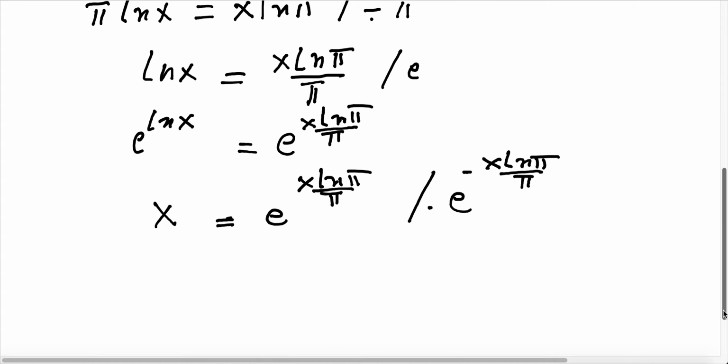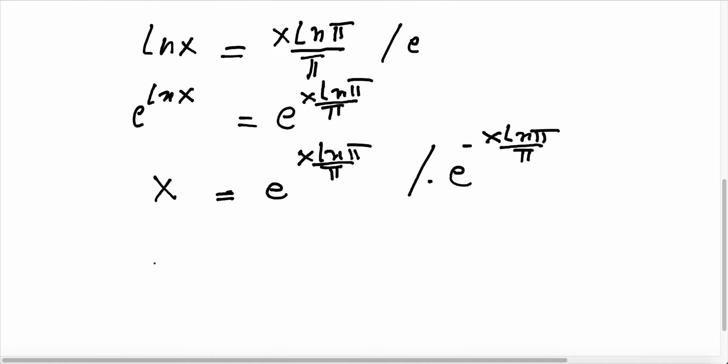And when we multiply in this form, we get x times e to the exponent minus x ln pi divided by pi. But on the other side, if we are multiplying e with the same exponent with the opposite sign, it's going to be 1.